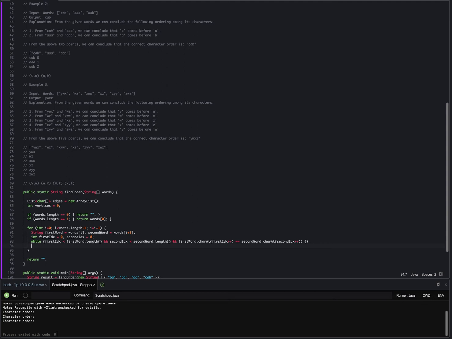Okay, so we'll do this till we get to a set of characters that do not match, at which point we can populate our edges, essentially.